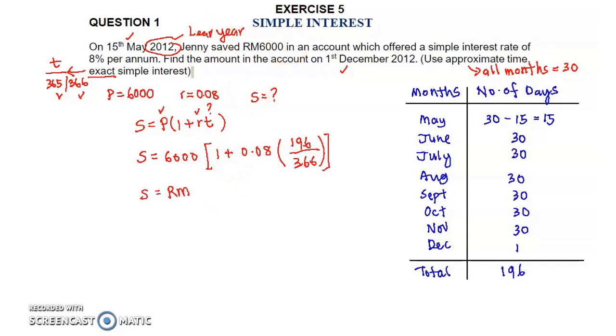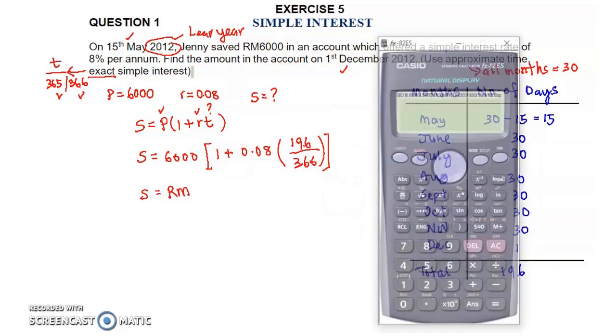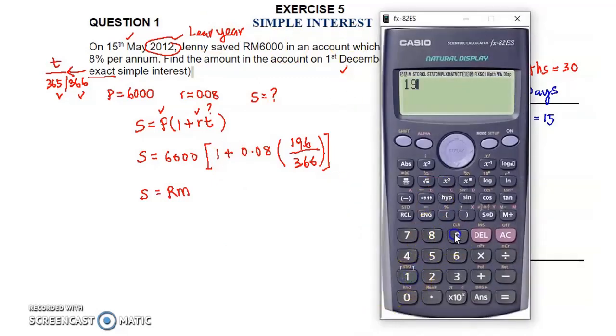So calculate this one: 196 divided by 366, multiply 0.08, and then plus 1. So solve the value in the bracket first. Once you've done this part, multiply by 6,000.